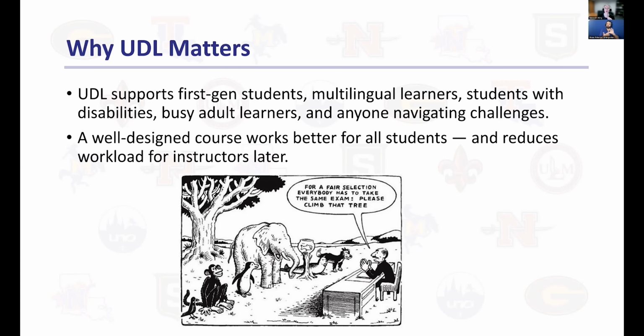It's really going to support all of those learners. A well-designed course works better for all students, which then reduces your workload later on. So you're upfront thinking about things and framing them from universal design so that you're reducing your workload at the end or in the middle of the semester when you are already going with your course.